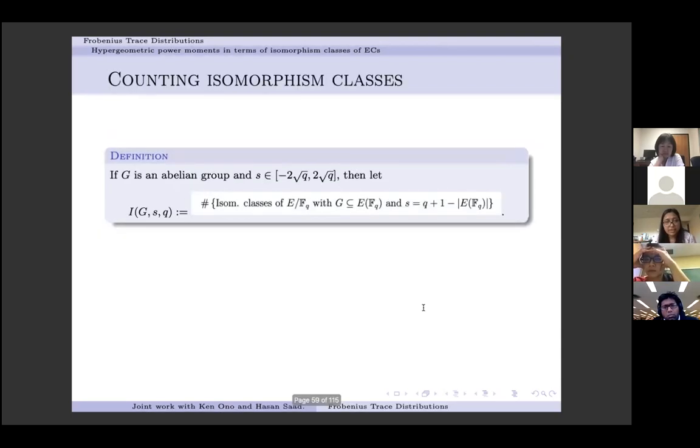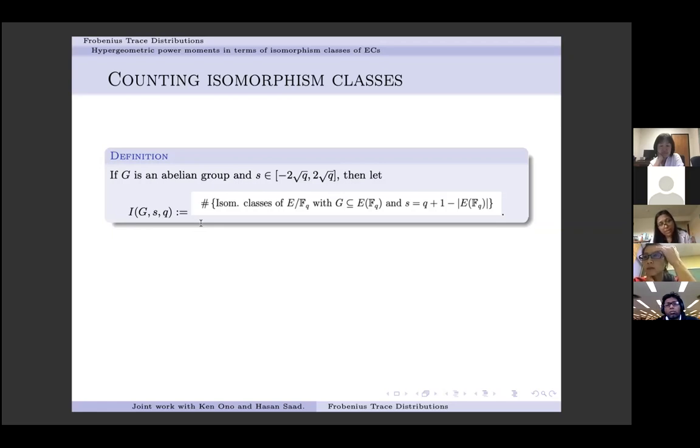Now we'll give a brief sketch of how we get these moments. First of all, consider the number represented by the notation I(G, S, q). This represents the number of isomorphism classes of elliptic curves with trace S which contain this group G, that is, with prescribed group G and fixed trace S. Now we want to know what this number is.